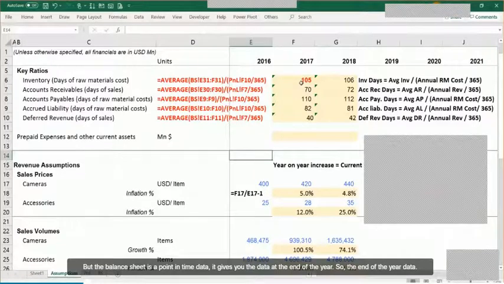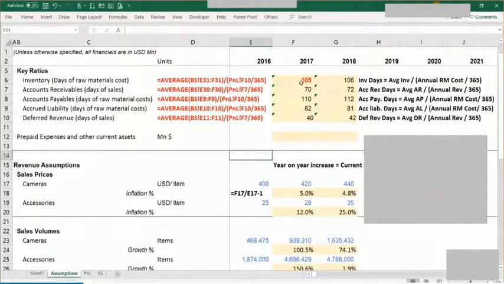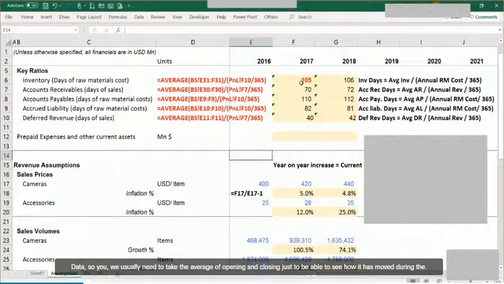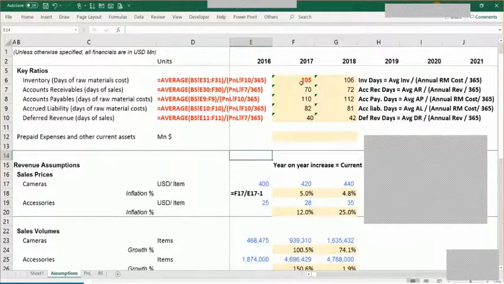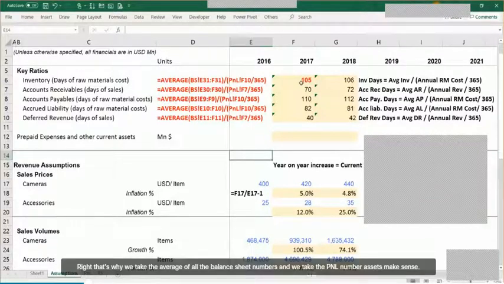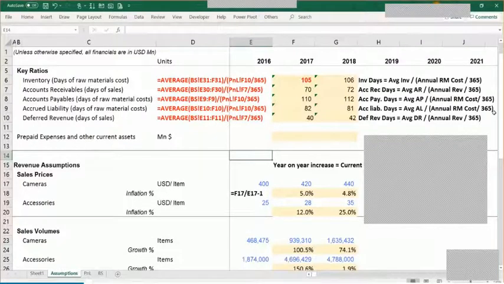It gives you the data at the end of the year, which is usually static. So we usually need to take the average of opening and closing to see how it has moved during the year. That's why we take the average of all the balance sheet numbers and we take the P&L number as it is. Make sense?